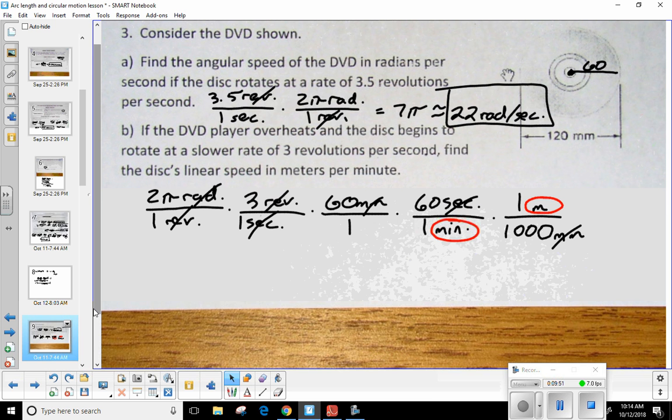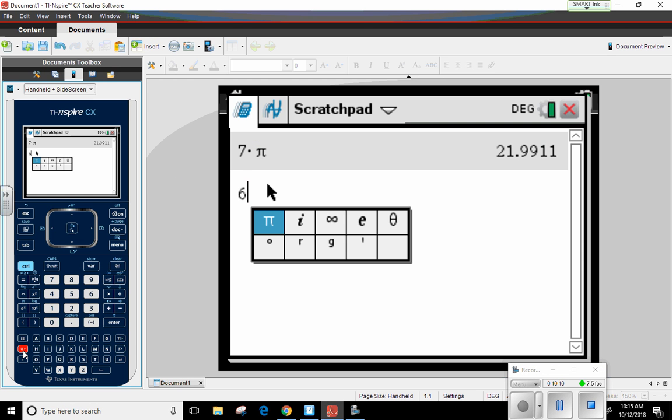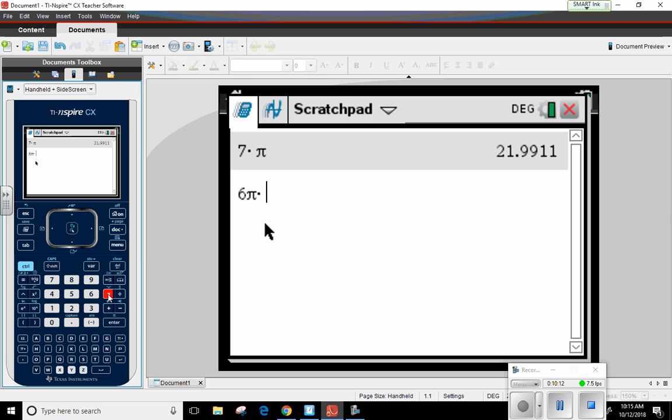Is everybody okay with how we set it up? Anybody not seeing where we got any values from? Okay. Well, let's see here. I need to take 2 pi times 3, so let's say 6 pi. Okay, so 6 pi times 60, so I'll say times 3,600.